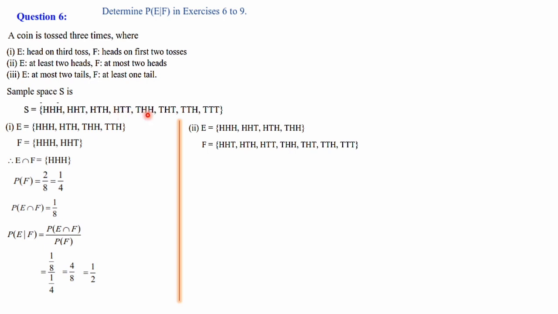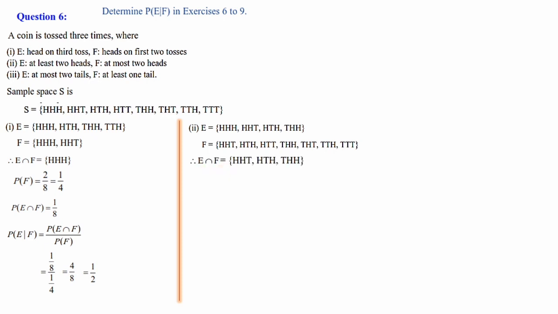Then THH can be taken, THT can be taken, TTH can be taken, then triple T also can be taken, because at most 2 heads, maximum 2 heads means 0 also no problem, 1 also no problem, 2 also no problem, but more than 2 not possible. So only HHH is removed, the balance 1, 2, 3, 4, 5, 6, 7 elements for F. As before, let's go for E intersection F.